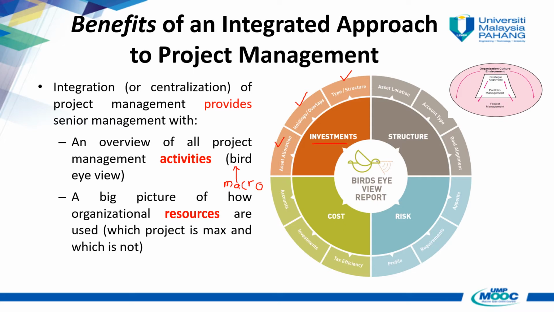And then using this bird's eye view, we can see our structure, whether our goal is aligned with the vision and mission statement of our company. What happened to our account type there? What happened to our profit and loss balance sheets? Also here our asset location, either we use batch or we use direct input production, or we contract it, or we subcon it, or we manufacture it, or we assemble it.